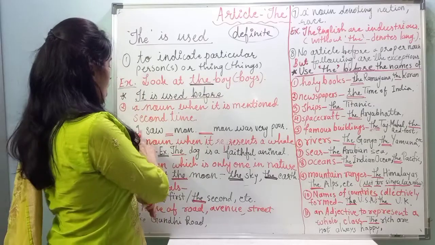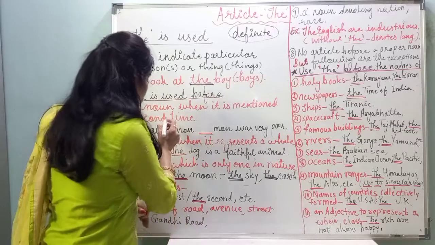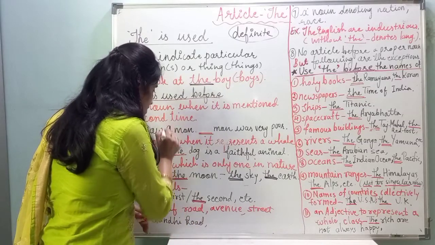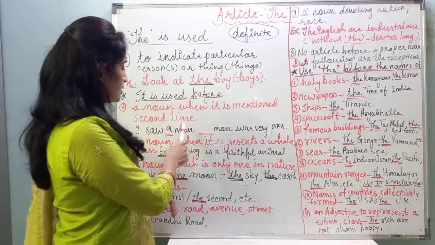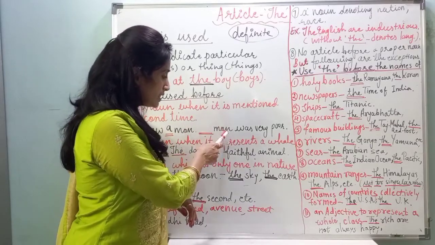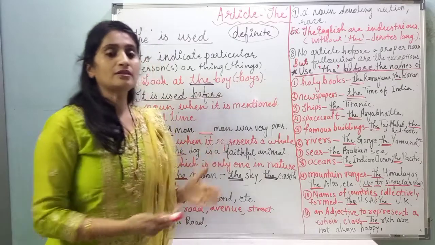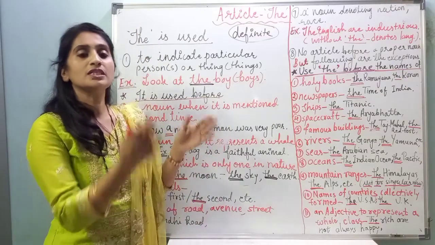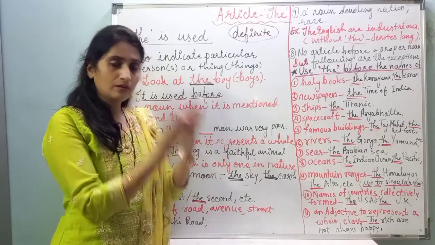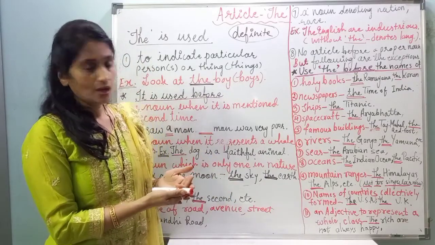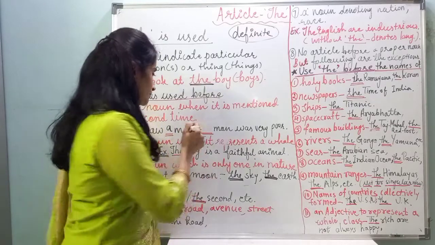For example, I saw dash man. Here, we should make use of the article a. But now, the reference of this man is there in the second sentence. And wherever there is a reference of the same noun in the second or the next sentences, we should make use of the article the.